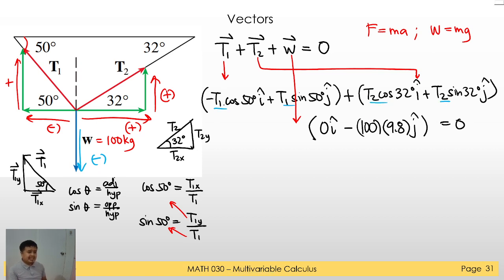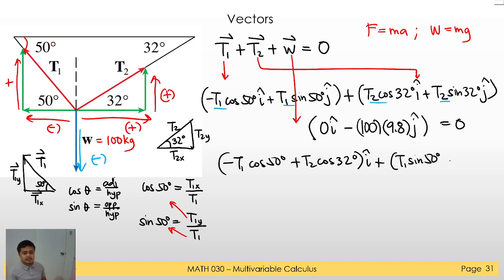Adding the x components, we have negative T1 cosine 50 plus T2 cosine 32 for the i hat, and then T1 sine 50 degrees plus T2 sine 32 degrees minus 100 times 9.8, which is 980, j hat, equals 0.